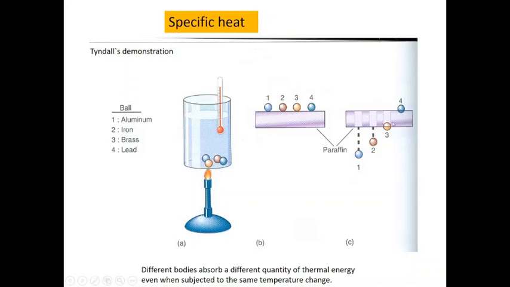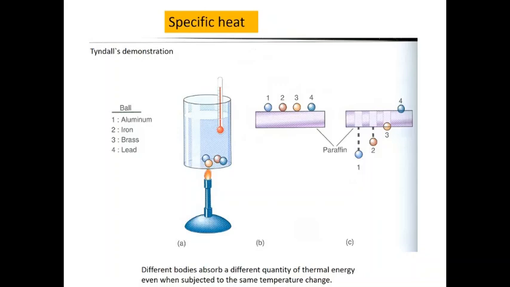In this experiment, Tyndall found that aluminium goes faster than iron second, brass third, and finally lead is fourth. What does this mean? The aluminium has higher heat exchange with paraffin.